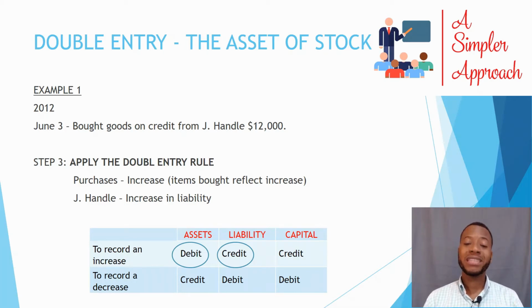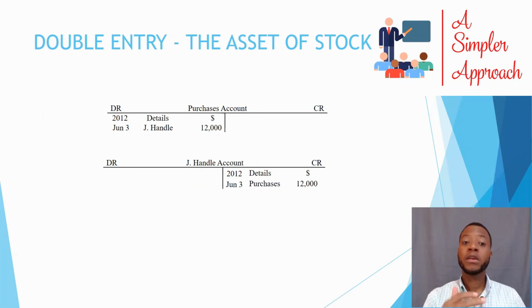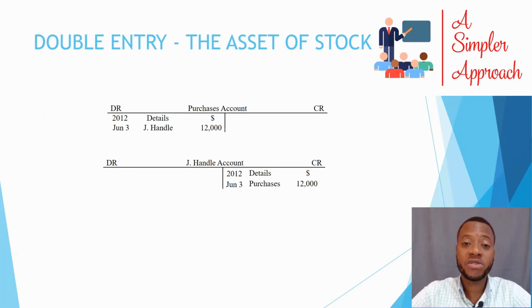So we're now going to debit purchases and credit J. Handel. Once again, remember that the entire concept of double entry remains the same. Nothing changes. We're just adding to the concept. There we have our two accounts, purchases and J. Handel.